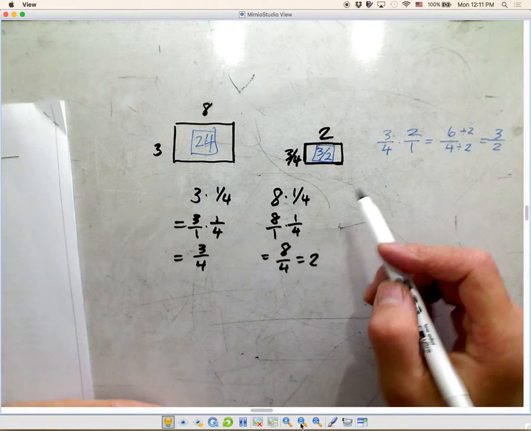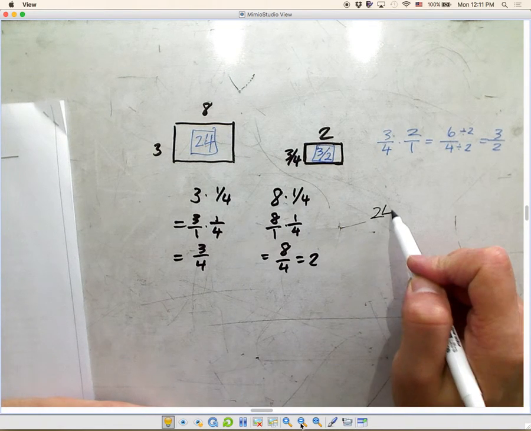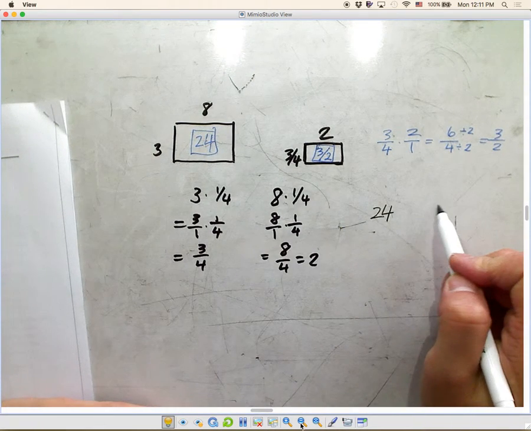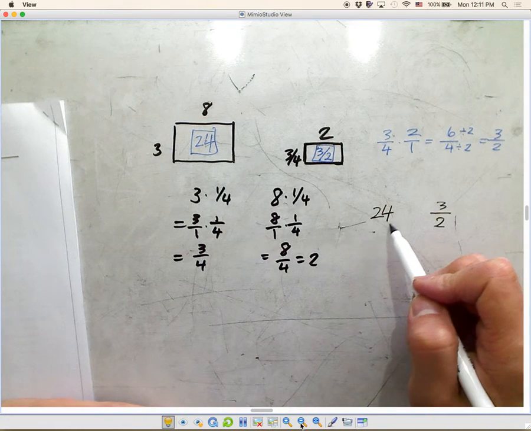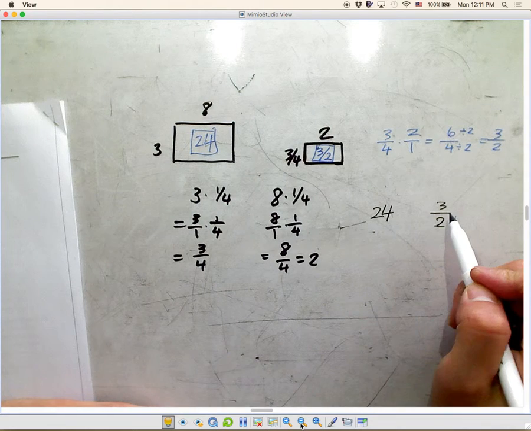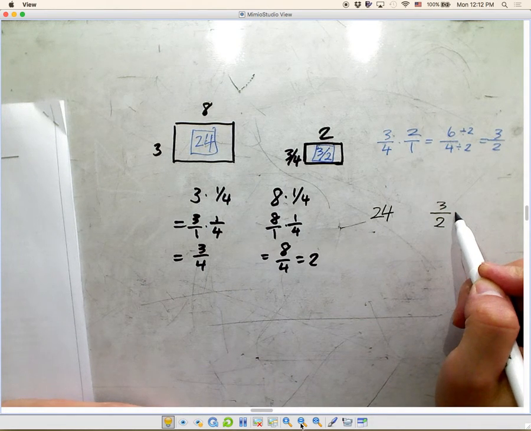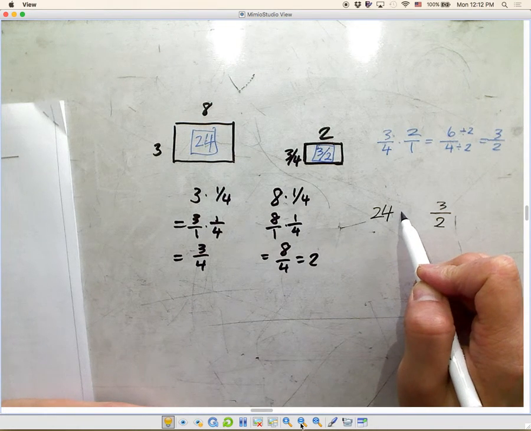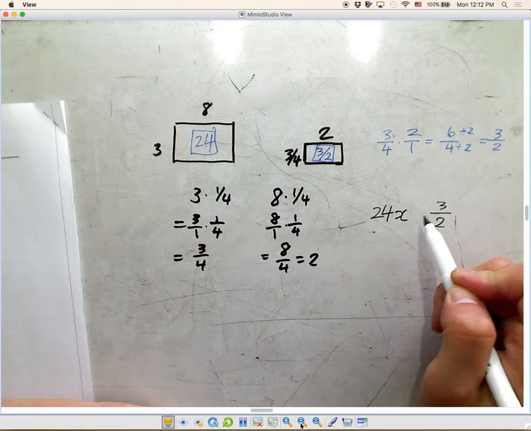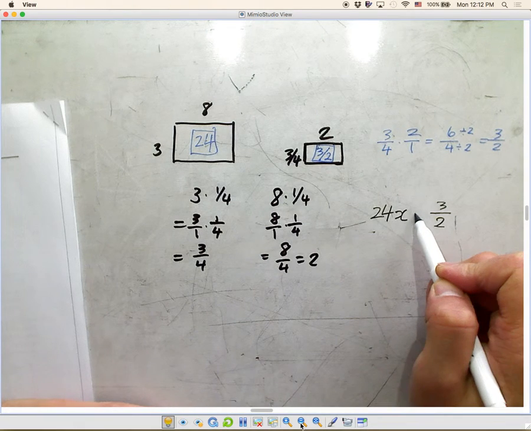So you compare 24 and 3/2, right? You multiply some number by 24 to get 3 halves. So let's say we are multiplying by, I don't know, maybe x, some number x, so that we get 3 halves.